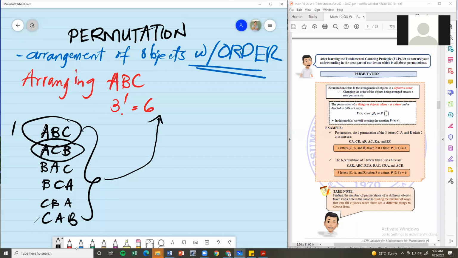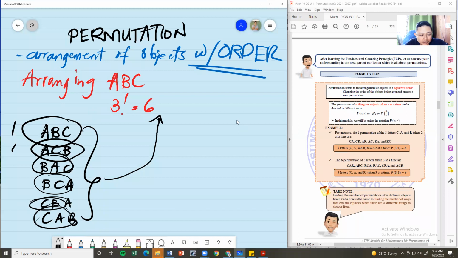A, C, B is another permutation. Can you still follow? Okay, let's continue. BAC is another, and another. So therefore, there are 6 arrangements for ABC here.